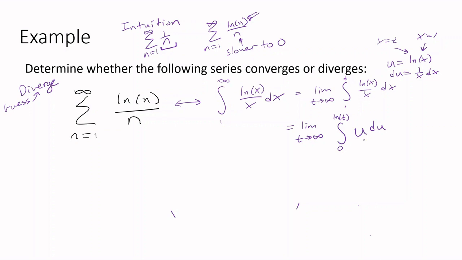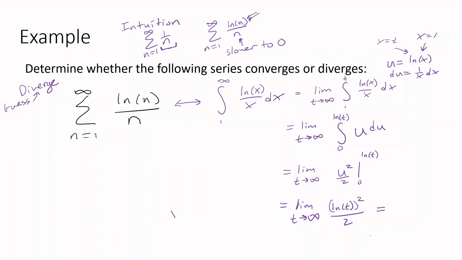So this isn't too bad of an antiderivative to do. This is the limit as t goes to infinity of u squared over 2. Plugging in, this is the limit as t goes to infinity of natural log of t, squared, over 2. If I plug 0 in for u, I get 0, so I can leave that. Now the question is, let's do this limit. What happens to the natural log of t as t gets really big?